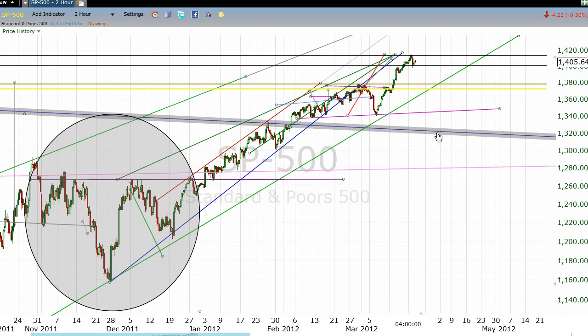If you cover here and that line does break, it will probably get a back test. So you've got another chance. You always have another opportunity in the markets. That's been a lesson that's taken me a long time to learn, but there's always another opportunity. You don't have to play everything that looks good at the moment that it looks good. So be patient.